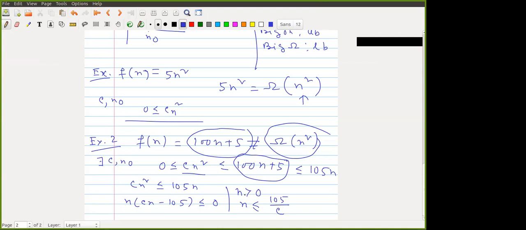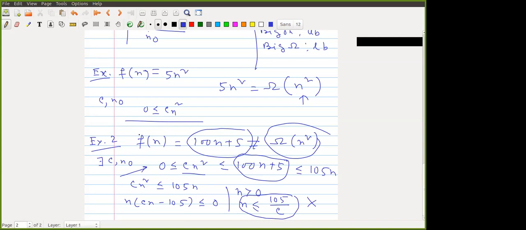But here n is a free variable and can obtain arbitrarily large values, so this is not possible. This implies our assumption was wrong, so 105n is not omega of n square. Is this okay?